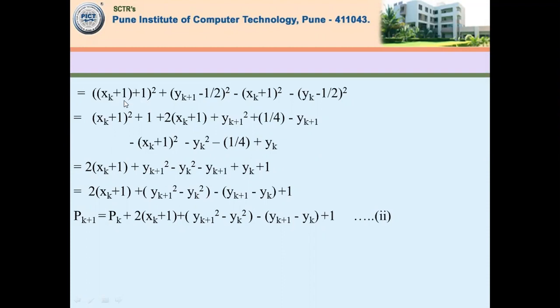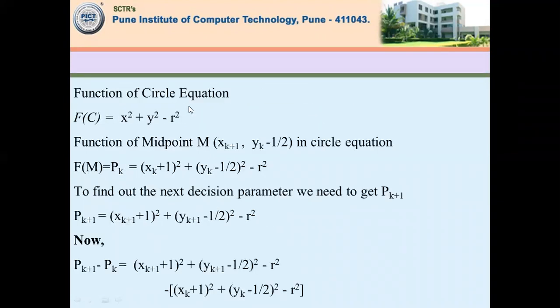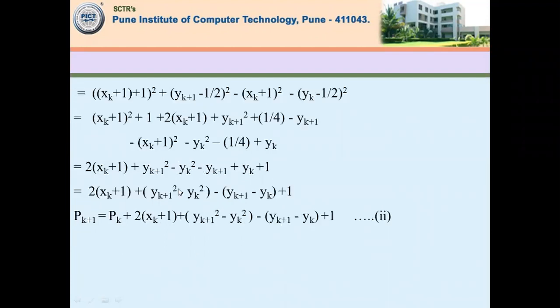Here xk plus 1 is equal to xk plus 1. Can you say anything about yk plus 1? No, so we are going to keep it as it is. Don't change the value currently, we'll do it later on.